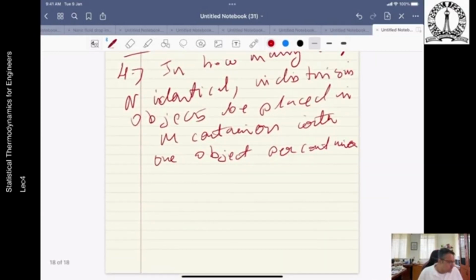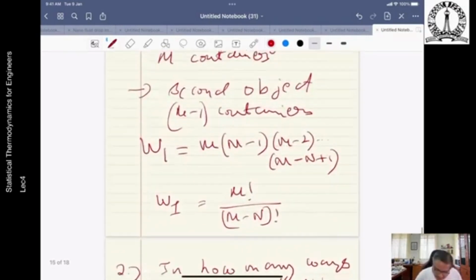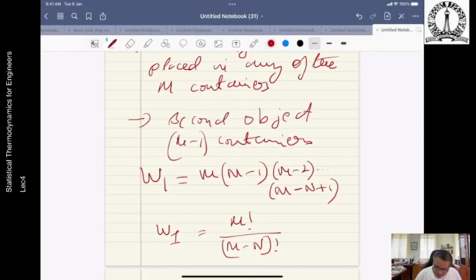Excellent. Now for indistinguishable objects, any rearrangement among the n objects cannot be recognized, right? So the W1 that we saw previously overcounts the number of ways in which indistinguishable objects can be arranged by a factor of n factorial. If we look at the first case, that was the total number of arrangements that we had.